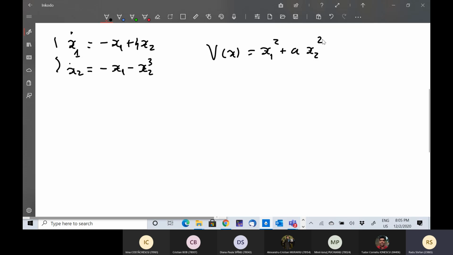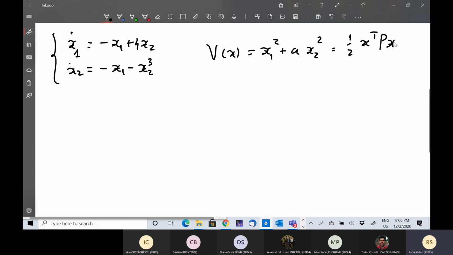One simple piece of advice, please. If you have a system and you have to try something, if it's a polynomial one, go easy for the quadratic form of Lyapunov functions. This is actually 1 over 2 x transpose P x.